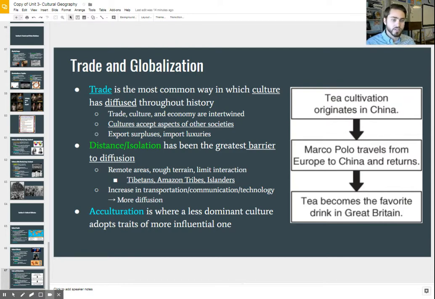And this is a slow process over time where the less dominant cultures eventually leave their culture and start adapting to the more dominant culture around the world. You can see this as the diffusion of American restaurants or American businesses around the world. And these things eventually over time are going to create a more and more globalized society. And we're seeing that every day.